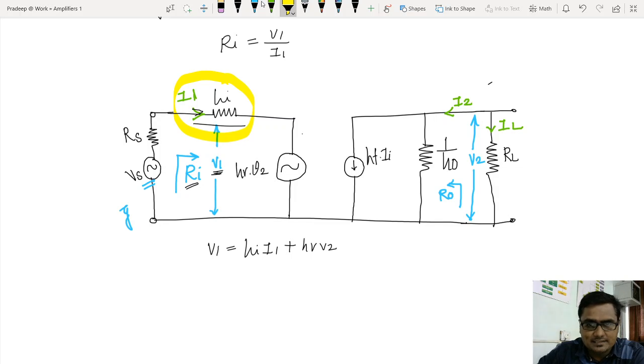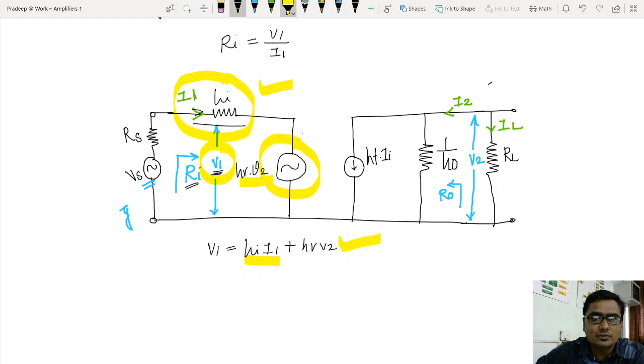This voltage plus this voltage is nothing but the input voltage V1. So I am writing V1 is equal to Hi multiplied by I1 plus Hr V2. So this is the value of V1, right?